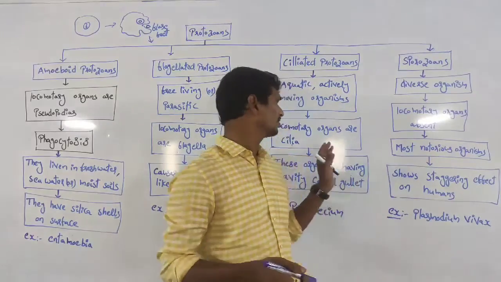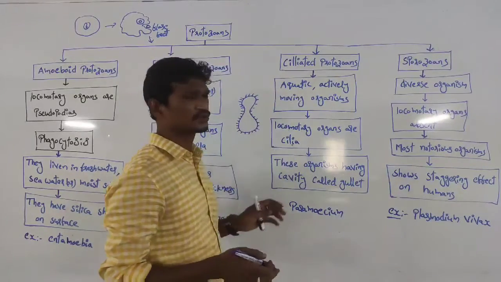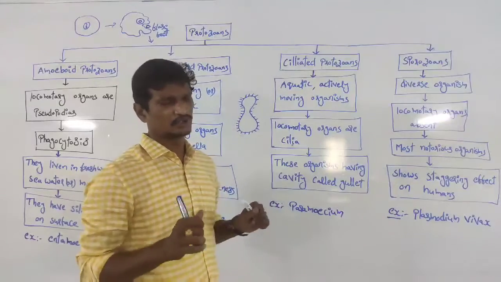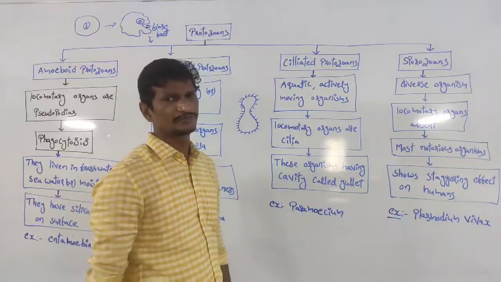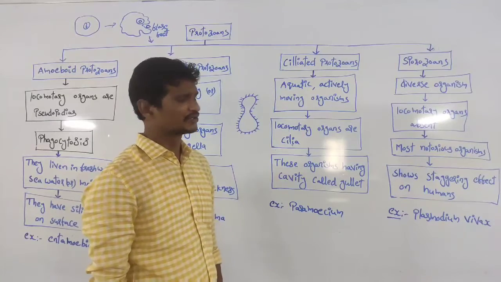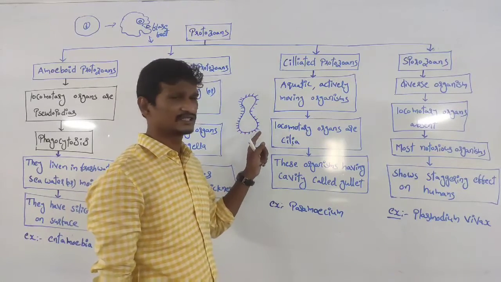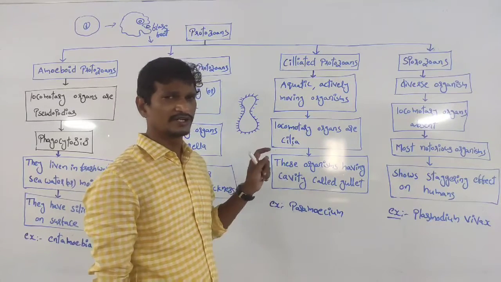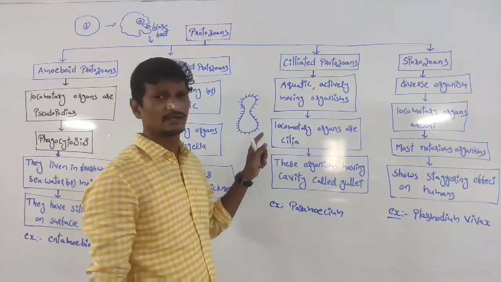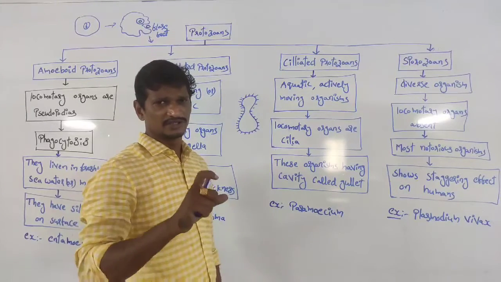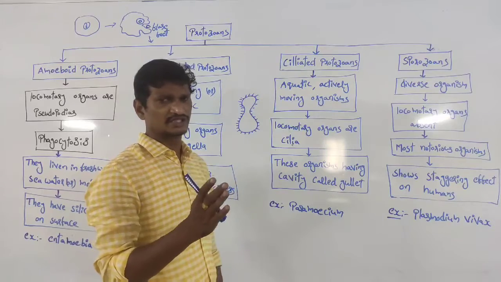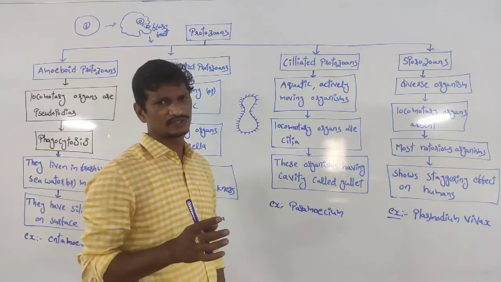Here also, all these cilia show coordinated movement. The paddles move in a coordinated way, and here the cilia also move in a coordinated movement, all in the same direction, and these organisms are steering towards the food.